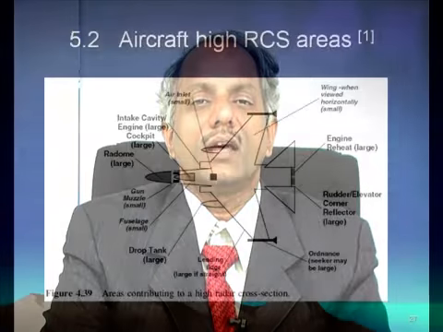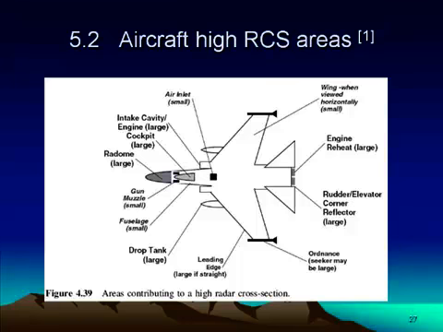So stealth means how to avoid the observation of the enemy radar systems. So stealth is relatively new technology. The radome is at the nose, and which is large size, but it is made up of dielectric, so it doesn't reflect much.